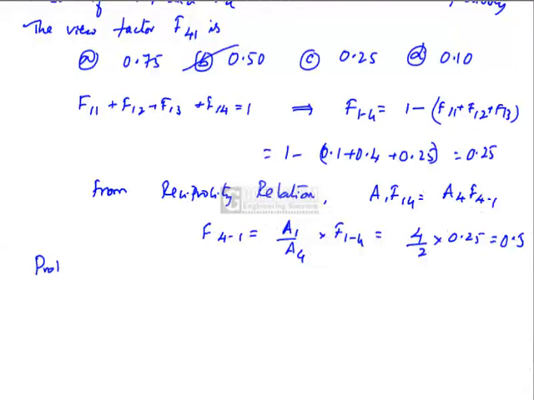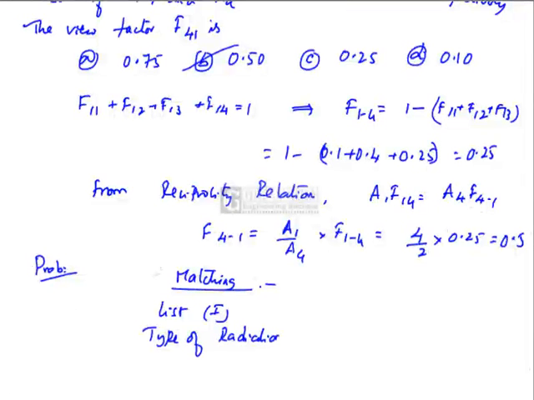Now I shall give another problem on matching. List 1 is given as type of radiation. List 2 is given as characteristic.